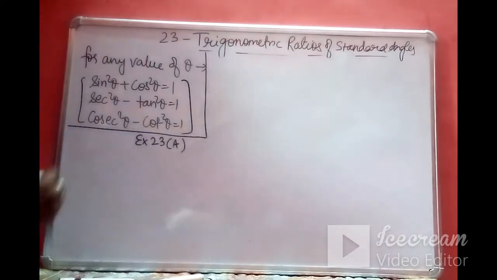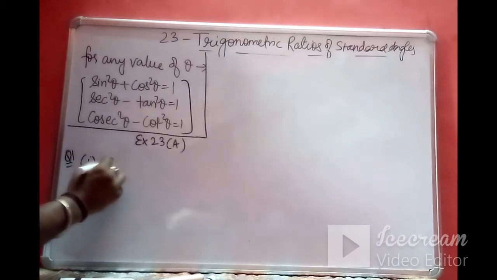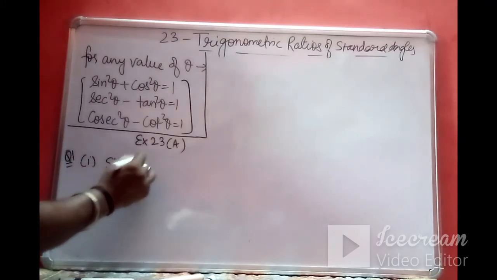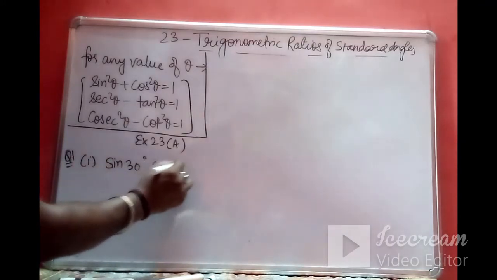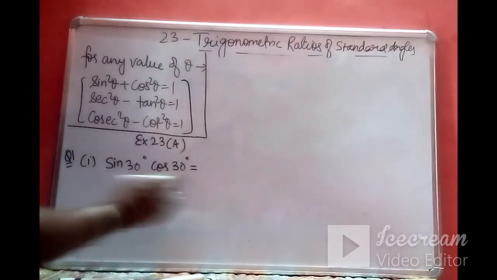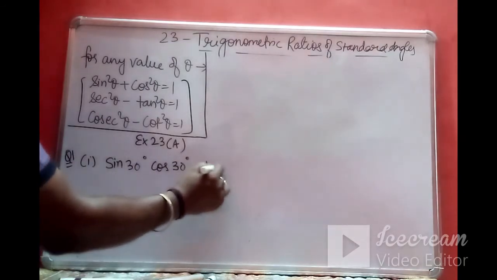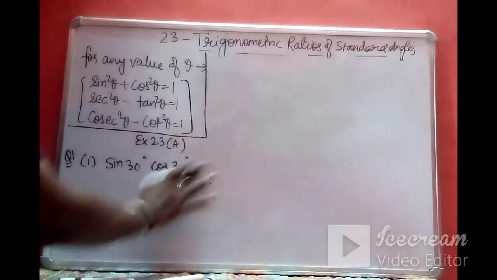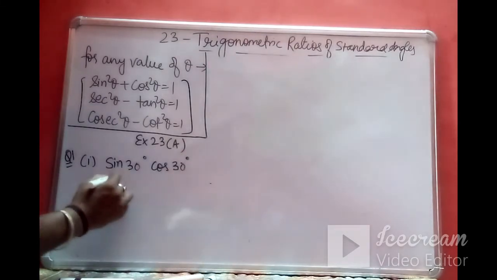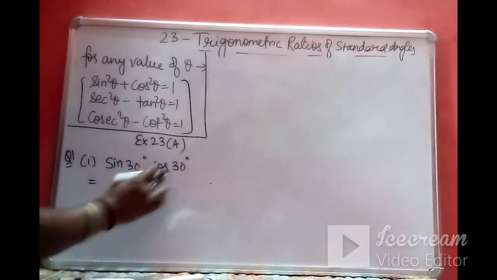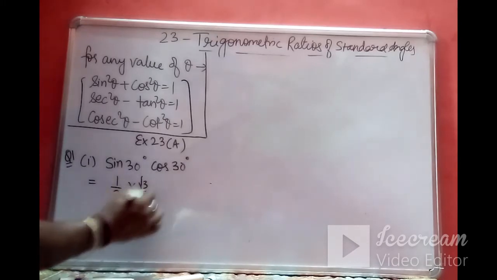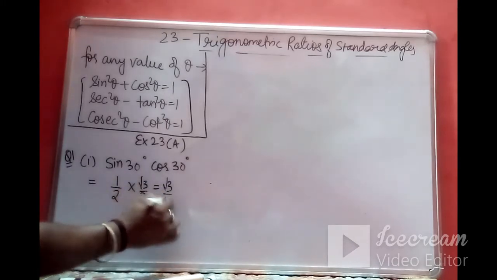So the very first question, we have to find the value of sine 30 degree times cos 30 degree. It is very easy to find. Sine 30 degree is 1 by 2 and cos 30 degree is root 3 by 2. So your answer is root 3 by 4.